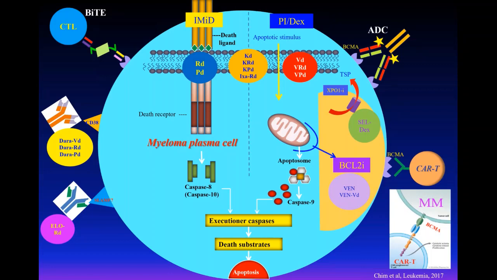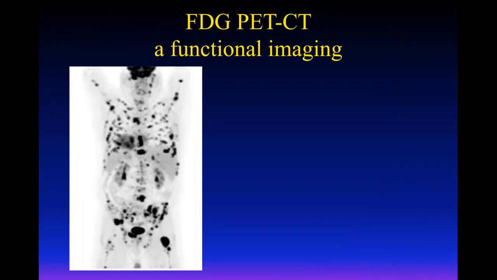However, having said that, there are so many niches, so many advances, myeloma remains an incurable disease. So there are a few things that we need to do. First of all, we feel lucky that we have a functional scan available for myeloma, the FDG PET CT scan, which is used frequently for us because of its use in lymphoma.